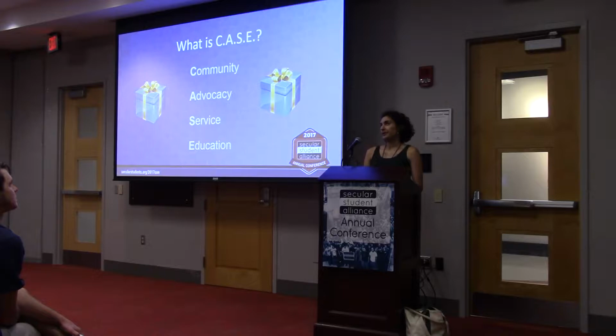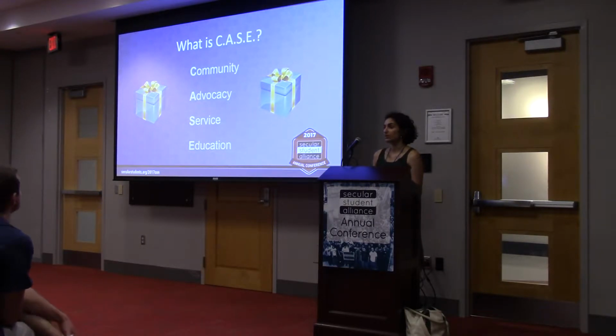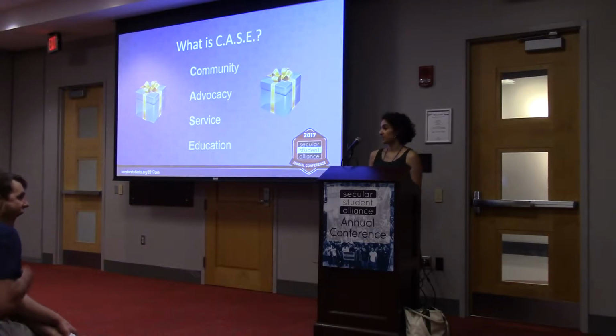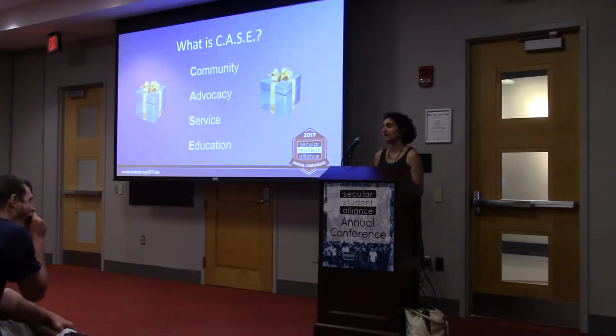So I think I gave this presentation last year, a different version of it, and a lot of the ideas are similar, but we are living in a very different world in July 2017 than we were in July 2016, especially here in the US post-election.